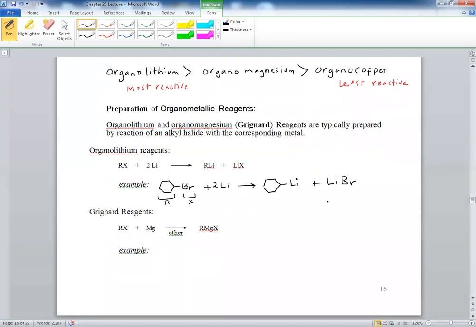Generally, this can be left out. It's a byproduct or a side product. This is more of a general chemistry topic, so it can be left out.